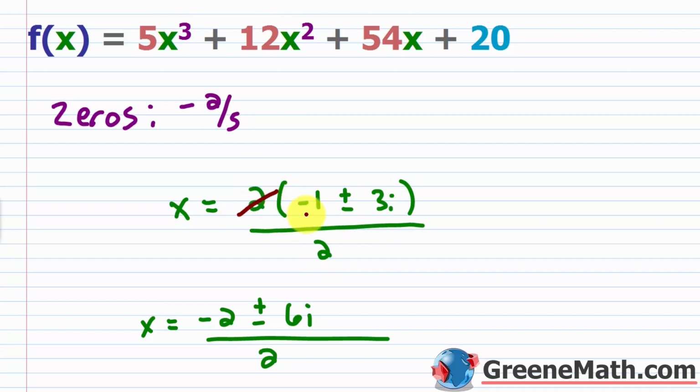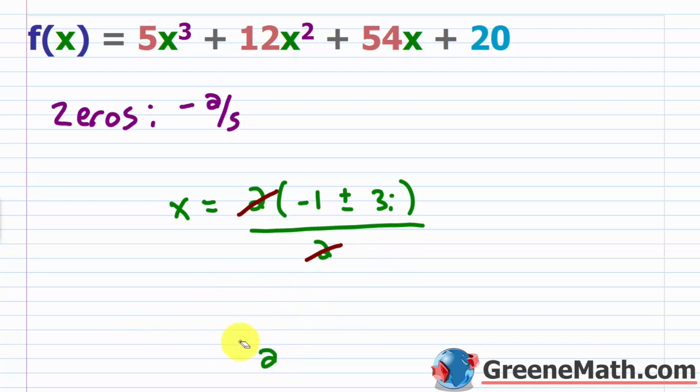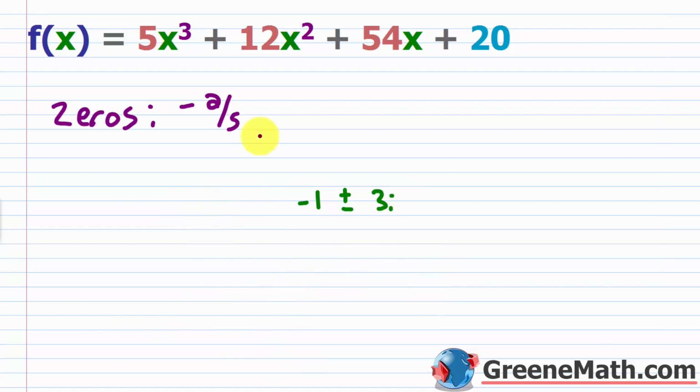And you can cancel this with this. Because this is divisible by 2 and this is divisible by 2, again, you can factor that out and cancel and make this more simple. So let's erase these. And so we found our other two solutions, our other two zeros. So one of them would be -1 plus 3i. And the other is going to be -1 minus 3i.